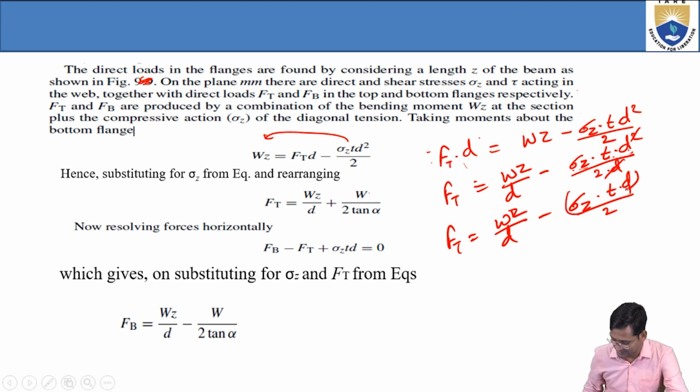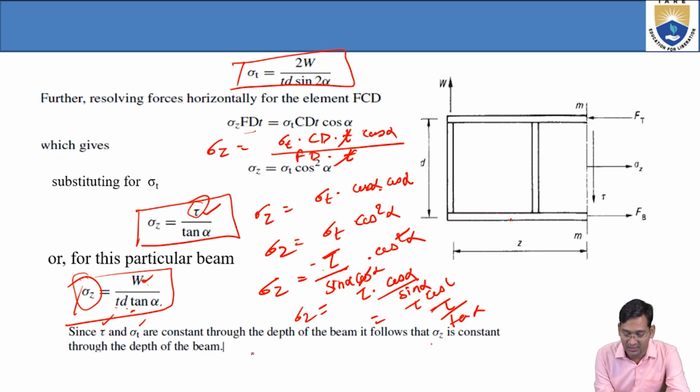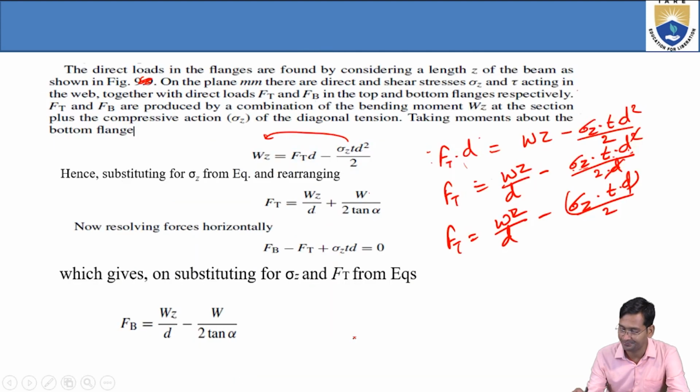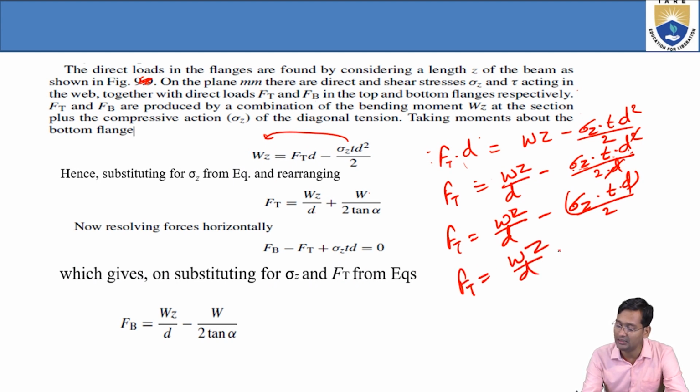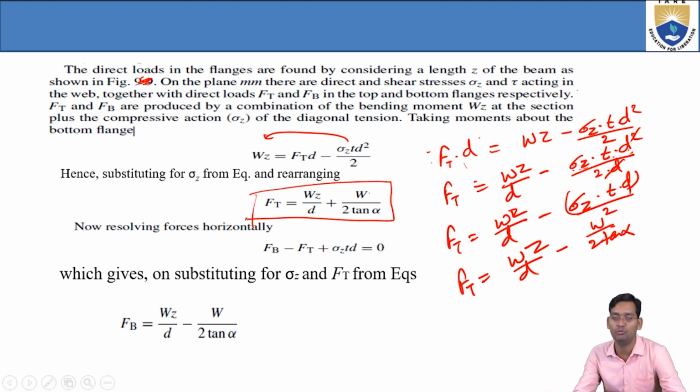From this equation, sigma z into t d equals W by tan alpha. Substituting, Ft equals Wz by d minus W by 2 tan alpha. That is, Ft equals W into z by d plus W by 2 tan alpha. So this is this one.